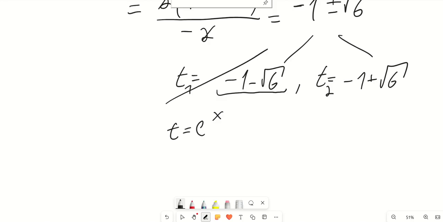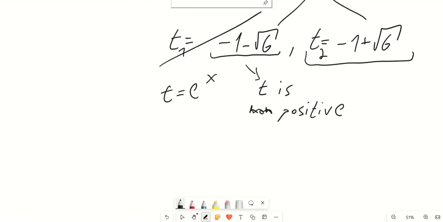I can strike it down and say t is non-negative, or more than that, positive. And I am left just with this solution. So t equals that, but t is e to the power of x.